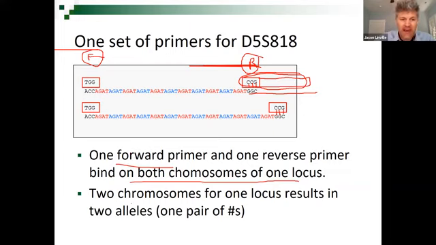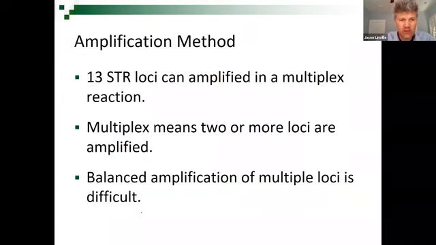Okay, and since there's 2 chromosomes, 2 copies of that location in the human genome, you're going to wind up with 2 alleles. One location equals 2 primers, forward and reverse. One location equals 2 alleles, one from your mother, one from your father. Okay, so just try to get those straight in your head.